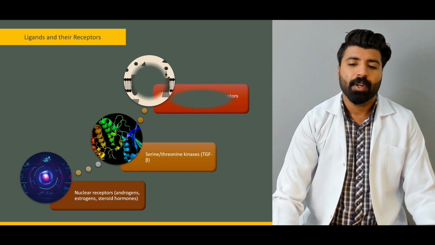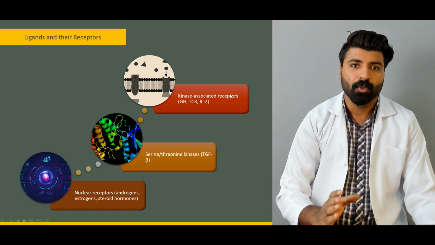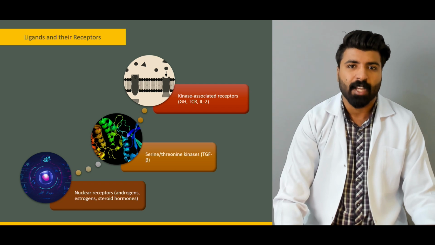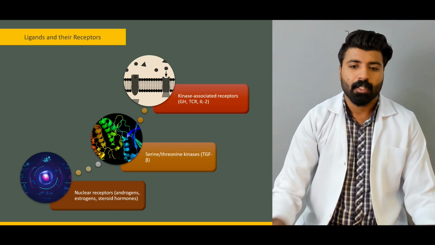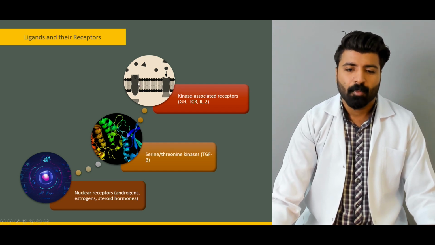Next on, we have kinase associated receptors, which include growth hormone, T cell receptors, and interleukin 2. So what do kinase associated receptors do? I already told you the whole mechanism of the tyrosine kinase pathway. There's some kind of illustration here. You can get the point out of it. You can see these molecules are tyrosine, and at the bottom of them are attached kinase molecules.